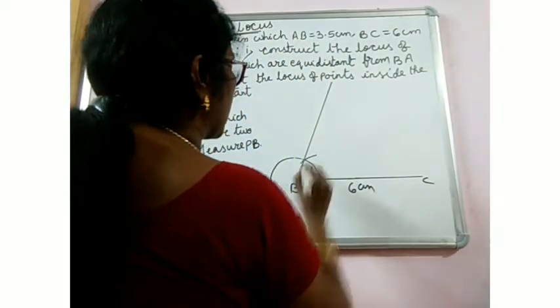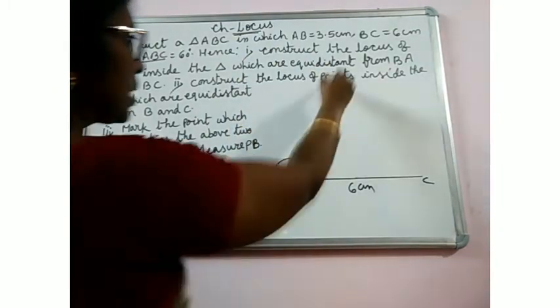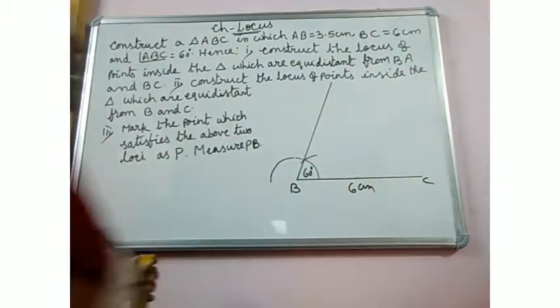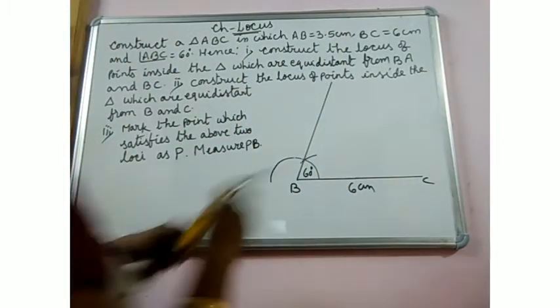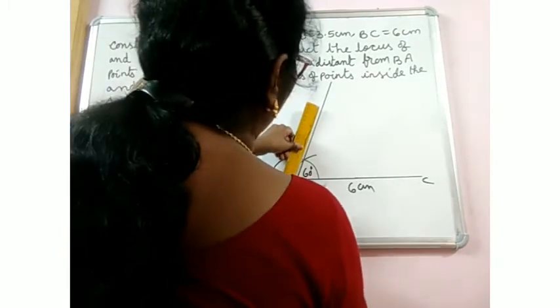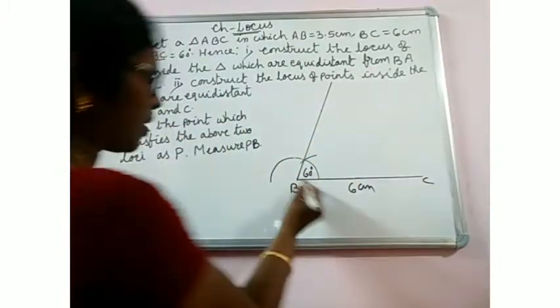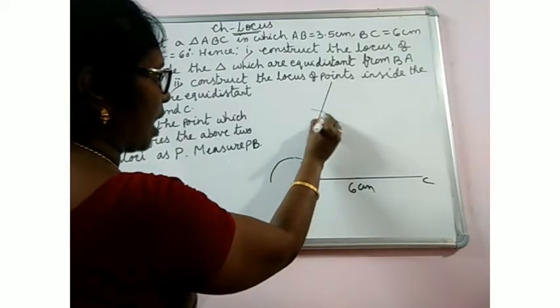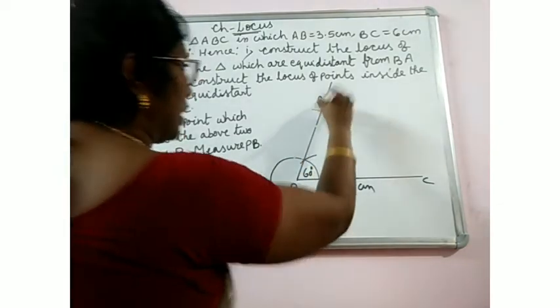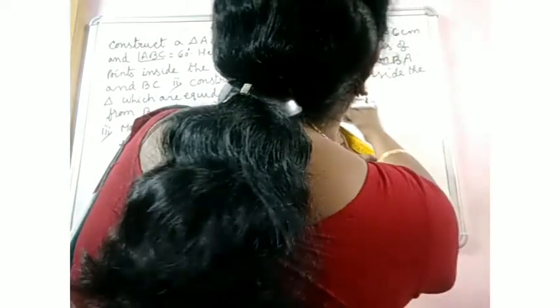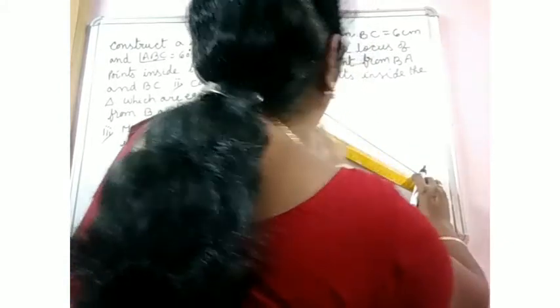Angle ABC is 60 degree and A is somewhere on this line. AB is 3.5 cm, so from here give an arc of 3.5 cm. Name it as A. Now let us join A and C.